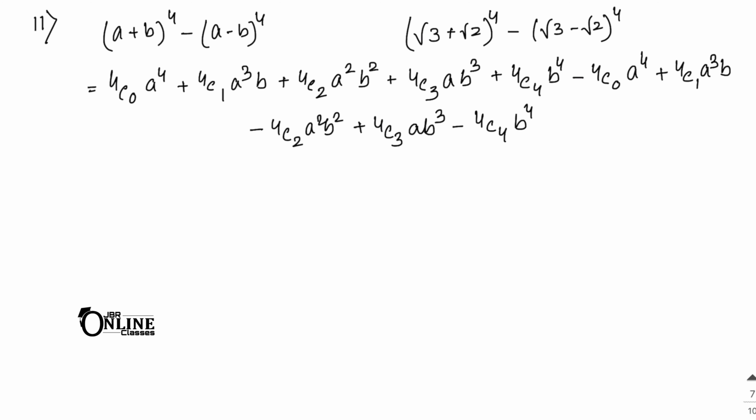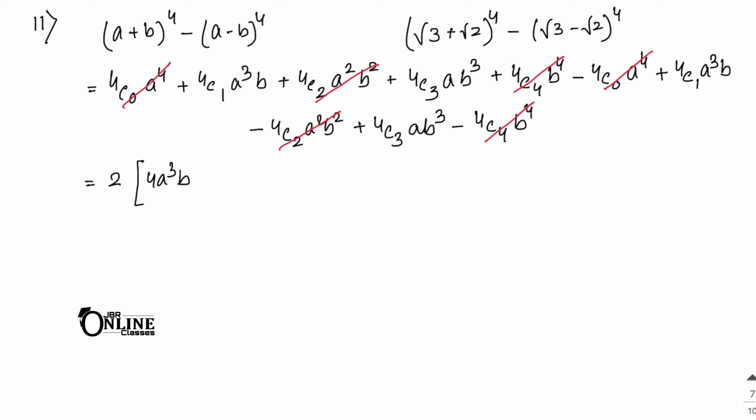It's clear? Okay. Now here 4c4 b to the power 4 will cancel out, positive and negative sign. Here also 4c0 a to the power 4 cancels out, and 4c2 a square b square also cancels out. So your final answer will be 2 times 4c1. Okay, so write down here 2 and then 4c1 that means 4, so a cube b.